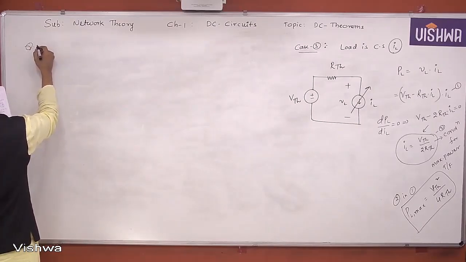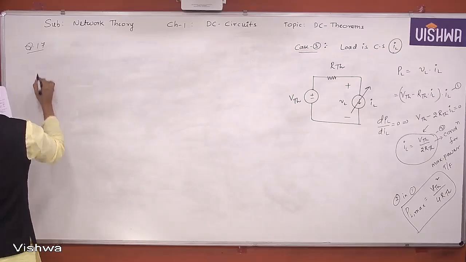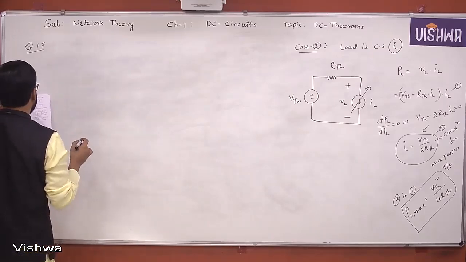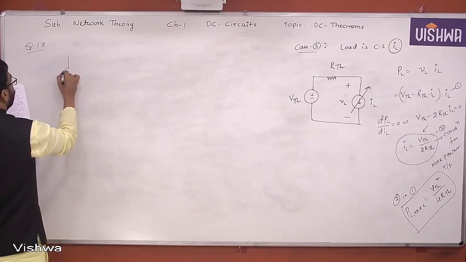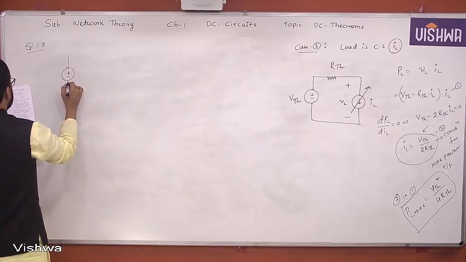Question number 17. Find RL for which it receives maximum power.